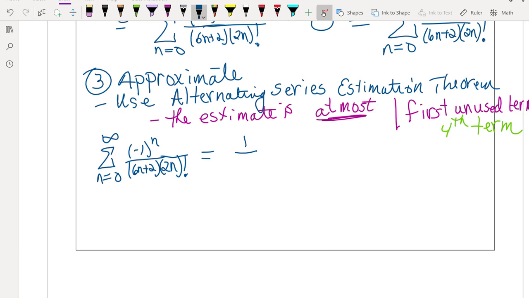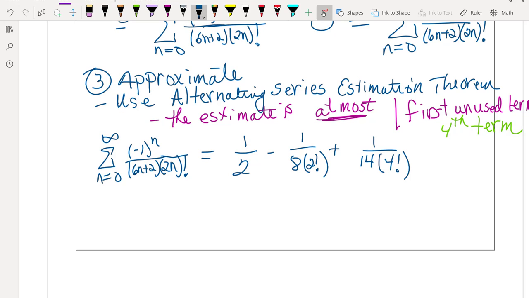So I'm going to have 1/2 if I put 0 in, and then my next term is going to be 1 over 8 times 2 factorial. And then my next term, when I put 2 in, I'll have a positive. And so I'll have 1 over 14 when I put 2 in. 6 times 2 plus 2 times 4 factorial.